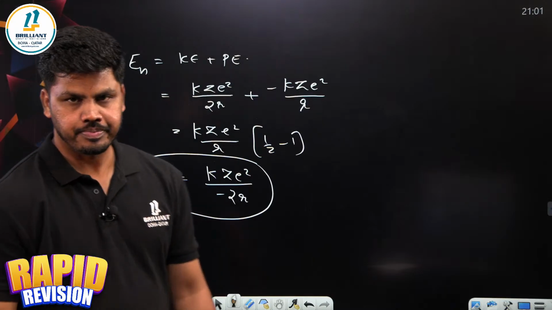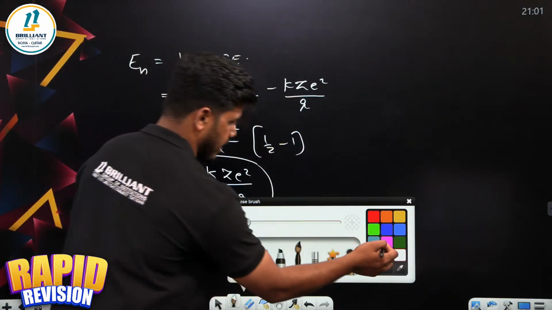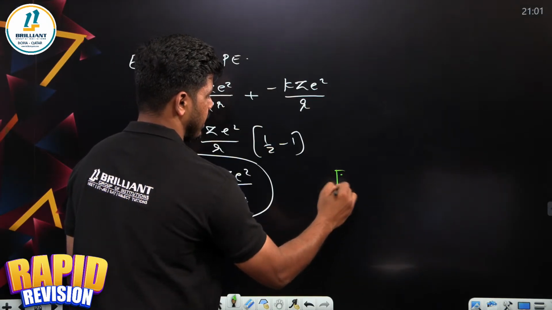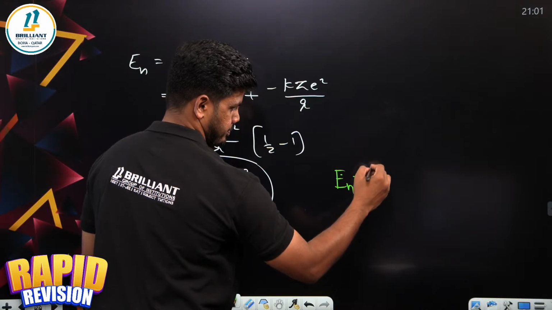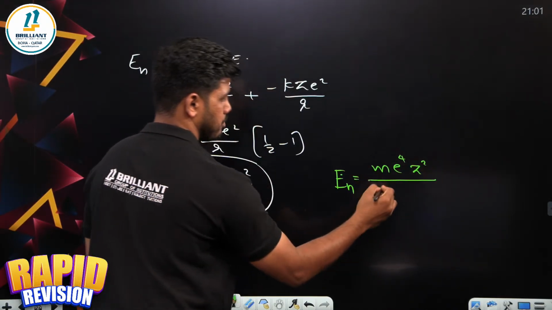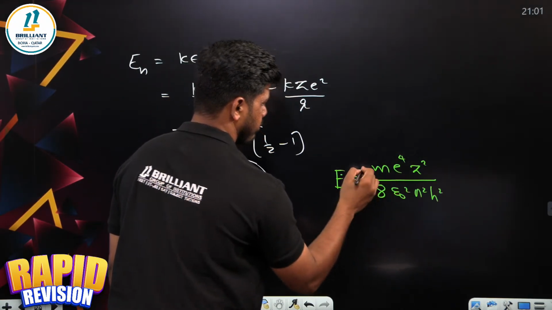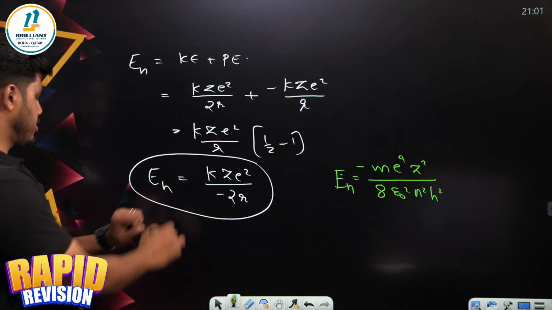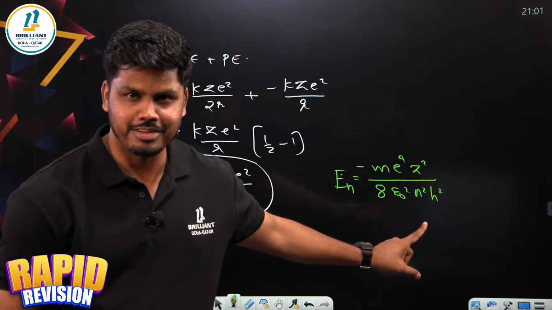Final energy. And in this expression, by substituting K and R, you will get energy equal to minus m e raised to 4 Z square divided by 8 epsilon 0 square n square h square. Total energy is negative. Potential energy is also negative, but kinetic energy is positive.